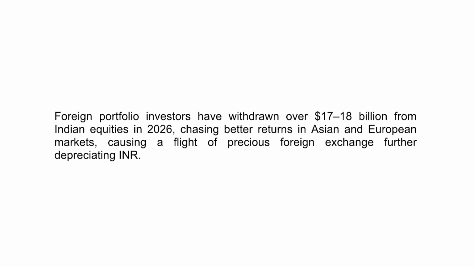Second is outflow of foreign portfolio investors. Foreign portfolio investors, FPIs, have withdrawn around 17 to 18 billion from Indian equities in 2026, with each exit requiring conversion of rupees to dollars, putting pressure on the INR.